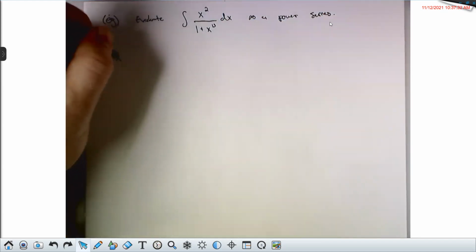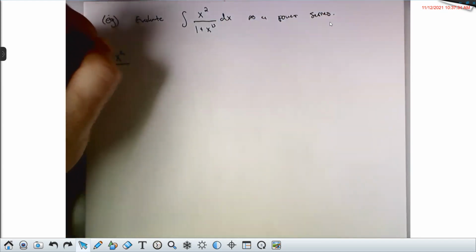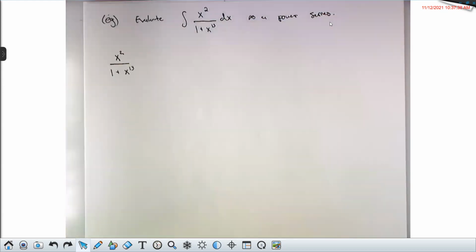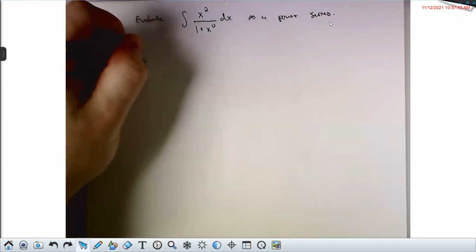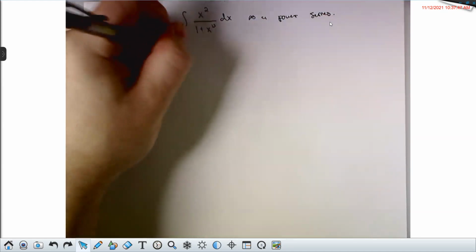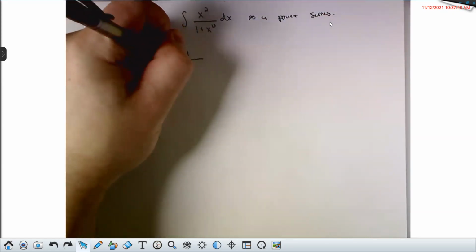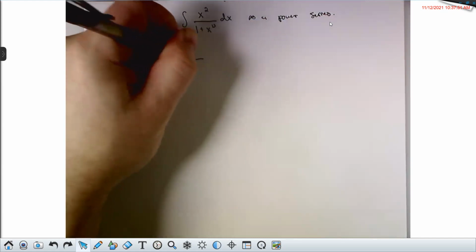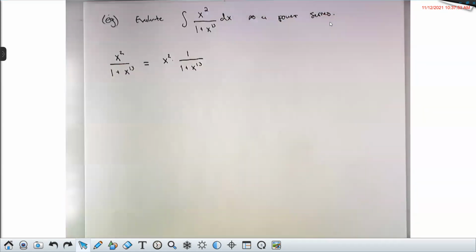So what we're going to do is rewrite the inside as a power series, and this gives us an opportunity to play more with that geometric series trick. Like I said, the first thing we do is peel off whatever's upstairs. Write that out front. So that becomes x squared times 1 over 1 plus x to the 13.